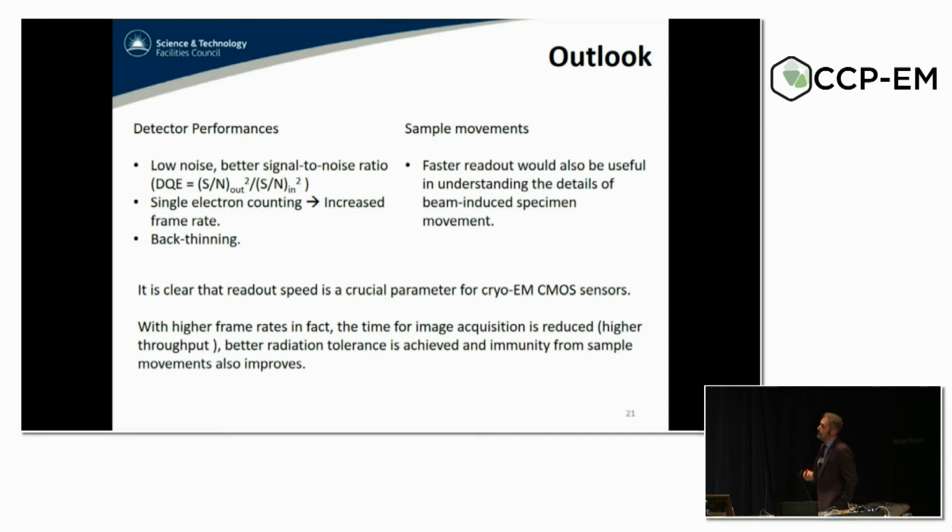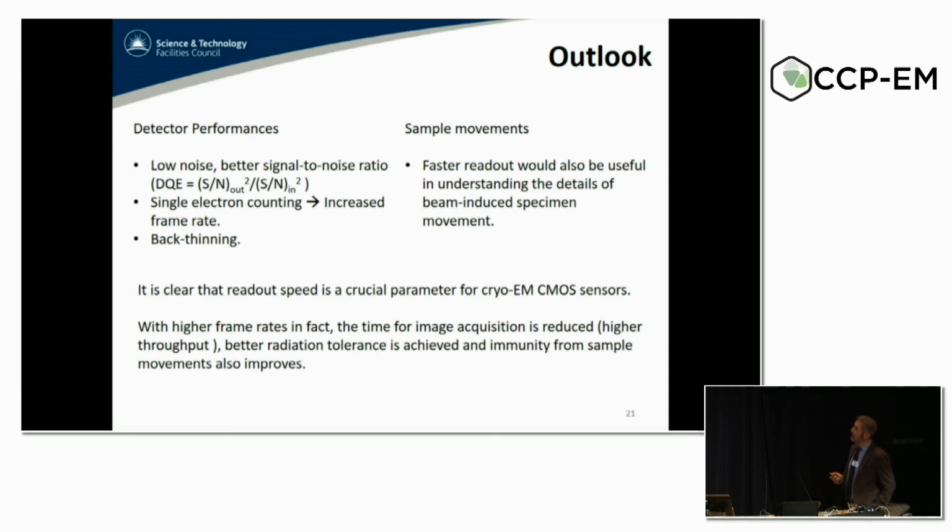So what can we do from the detector point of view? Detector performance, well, fairly easy. Low noise, because of the way DQE is defined, low noise will give you better signal-to-noise ratio, hence better DQE. It will help you also in doing single electron counting, where the frame rate is also essential, and back thinning we see playing a very important role.